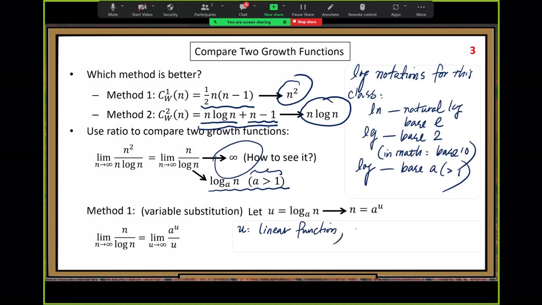And a linear function is a special polynomial.